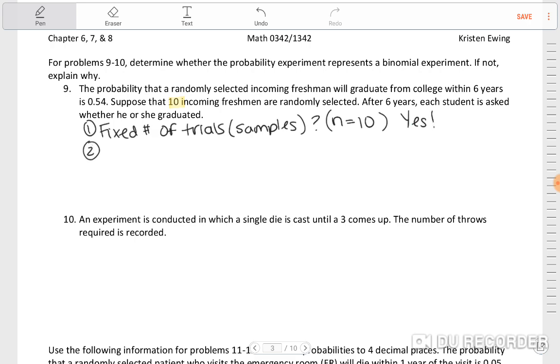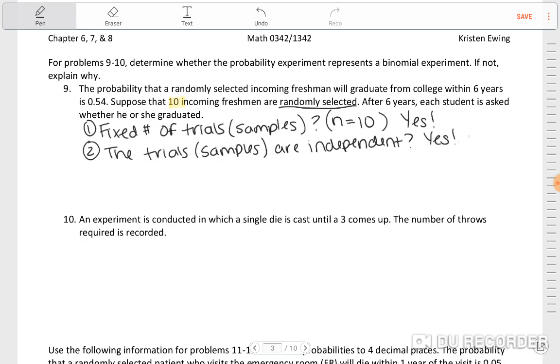Okay, the second one says the trials are independent. Trials or samples are independent. They are randomly selected, so that means that they're independent. Yes.